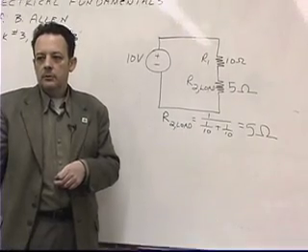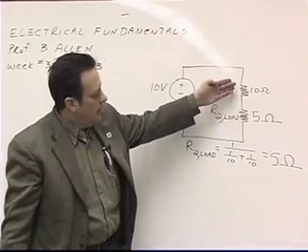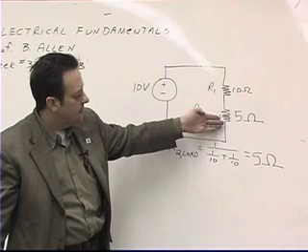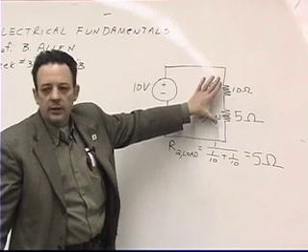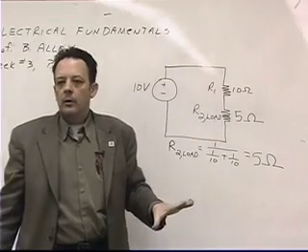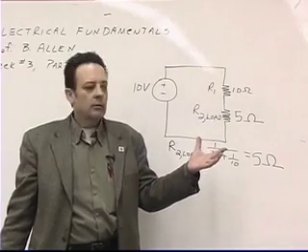Okay? Now, if I were to figure out what the total resistance of this circuit is now, what do I have? Do I have a parallel circuit or a series circuit? Series circuit.